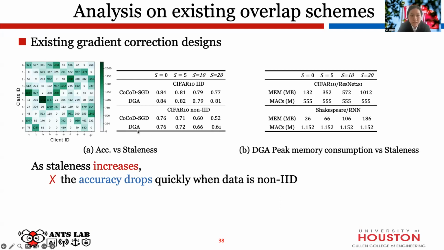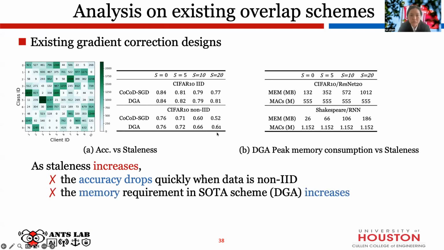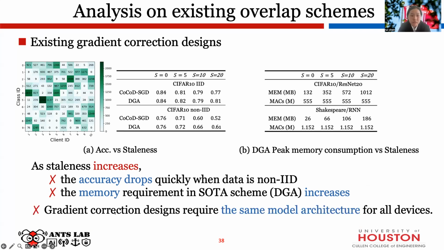And also we can see that the state-of-the-art DGA does recover some of the accuracy in the high staleness scenarios. However, they require the user to store multiple versions of the local gradient. So they have a demanding memory requirement for the devices, which is not very mobile friendly. And finally, all the gradient correction schemes require the same model architecture for all the clients, since they have to do coordinate-wise corrections.